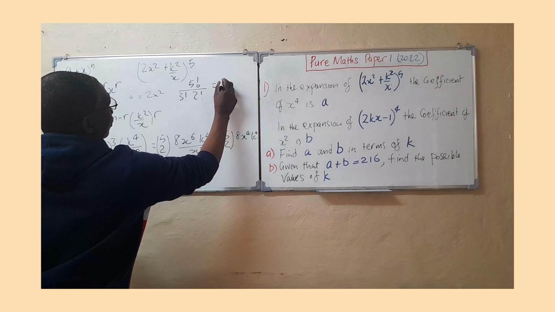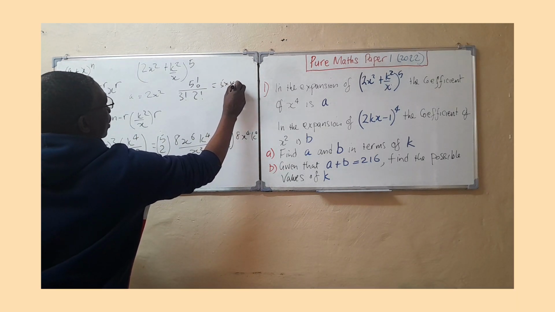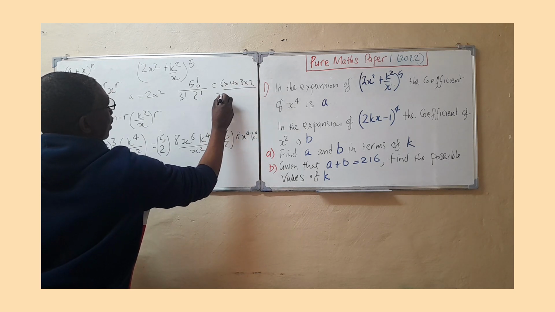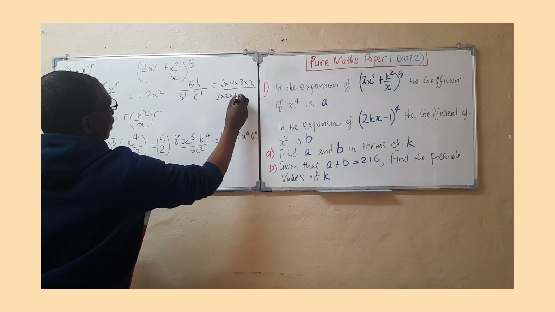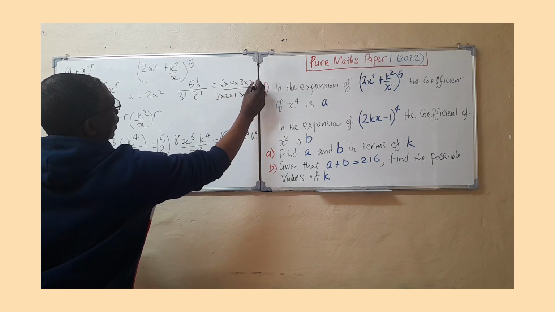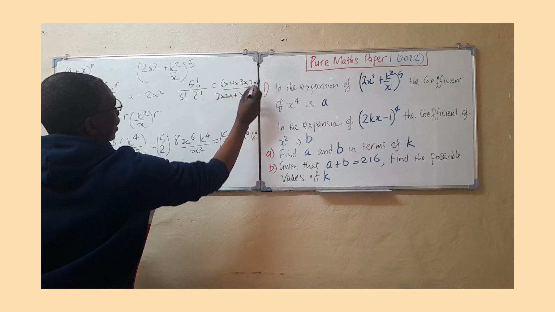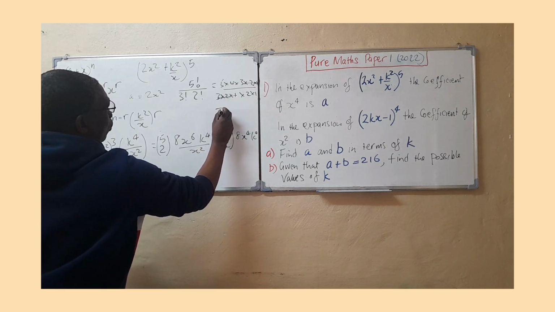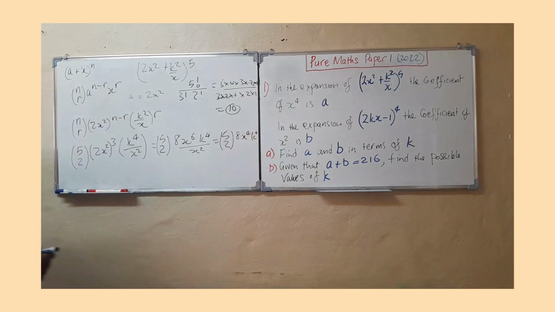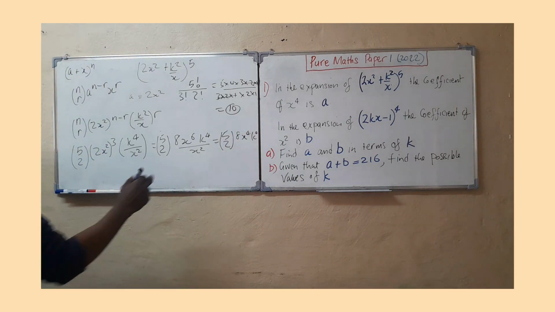So that gives us 5 times 4 times 3 times 2 times 1 divided by 3 times 2 times 1 times 2 times 1. So this cancels and that cancels. We are left with 20 divided by 2, which is 10. So here we have 10.